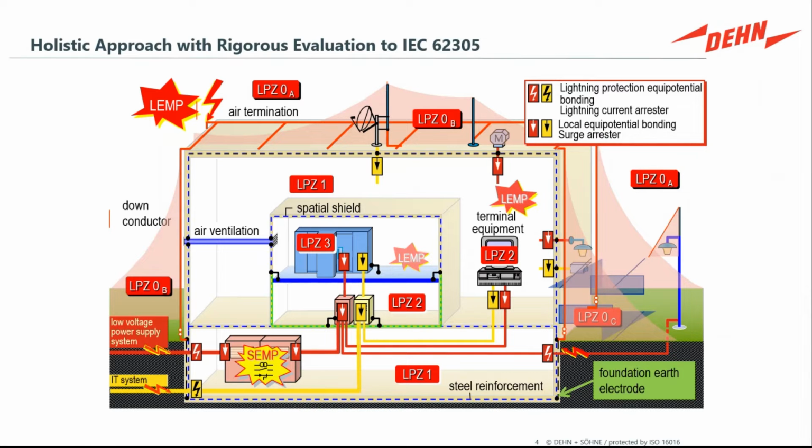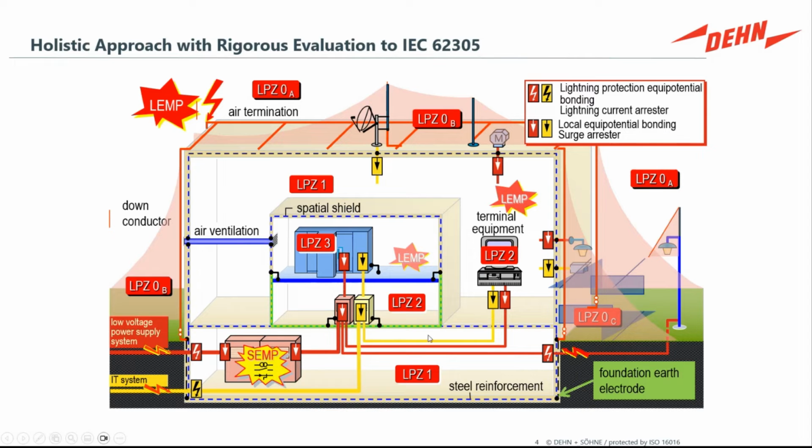Think of it like an operating room. You don't do the operations at the front entrance at the check-in counter. You have layers of a clean environment, and this consists of grounding, bonding, equipotential bonding, surge protection devices, and bonding of all your metal components.